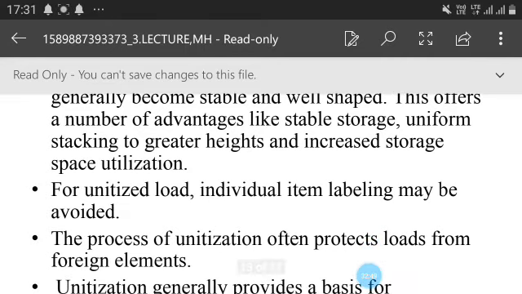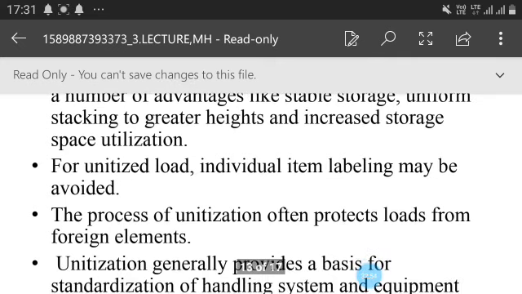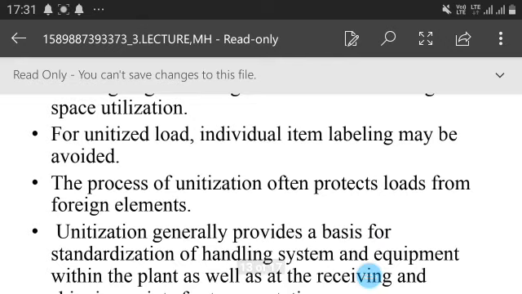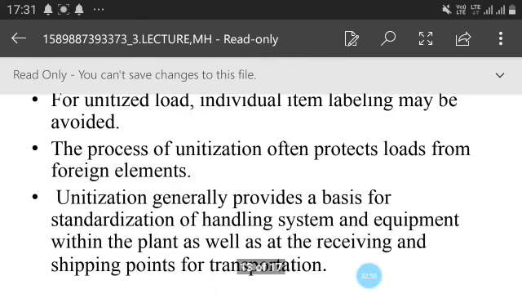The process of unitization often protects loads from foreign elements. Unitization generally provides a basis for standardization of handling systems and equipment within the plant, as well as at the receiving and shipping points of transportation.